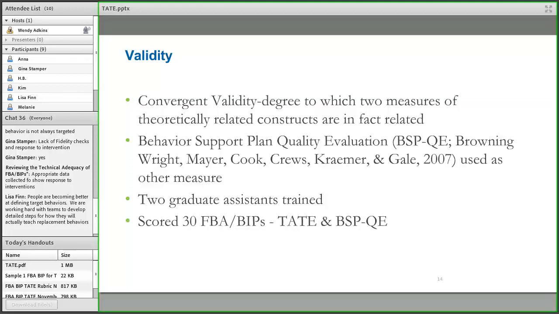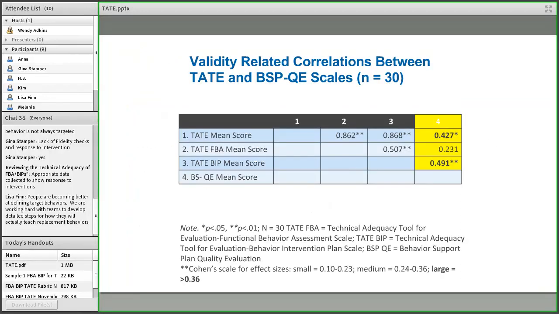It's much longer than the TATE, and it is very specific to the project that developed it, their FBA BIP training that they do. We trained 2 people to do this, and they scored 30 FBAs with both the TATE and the BSPQE.